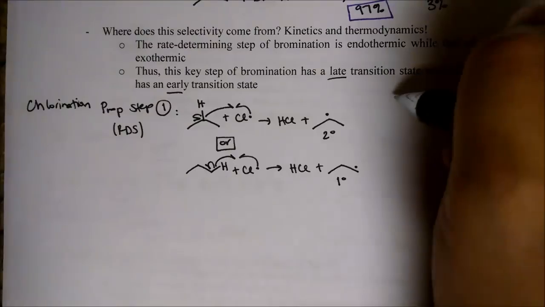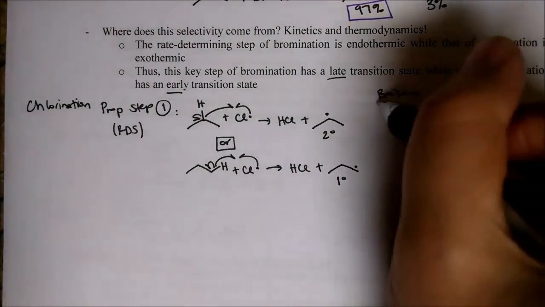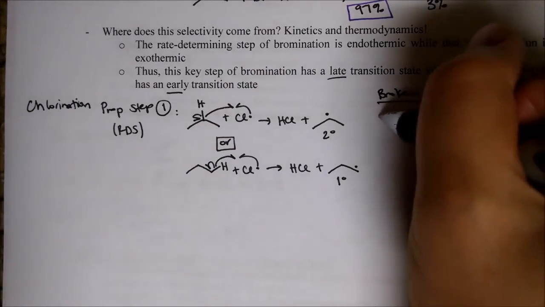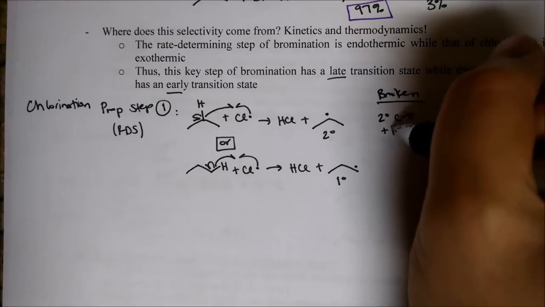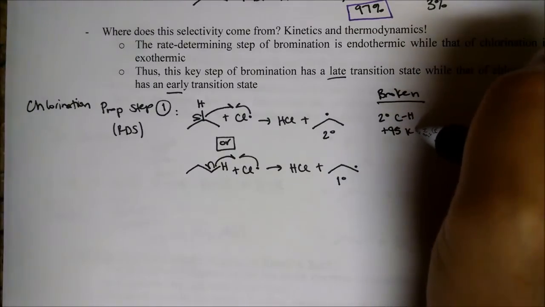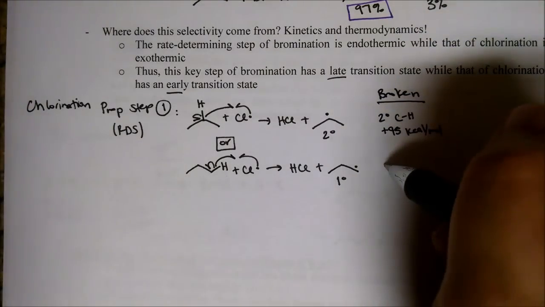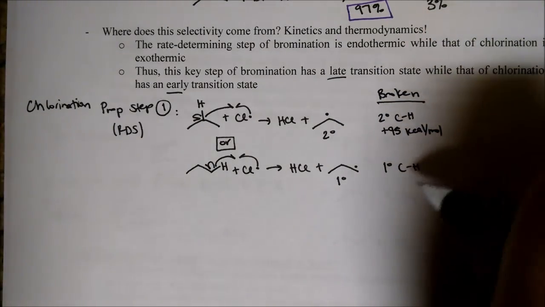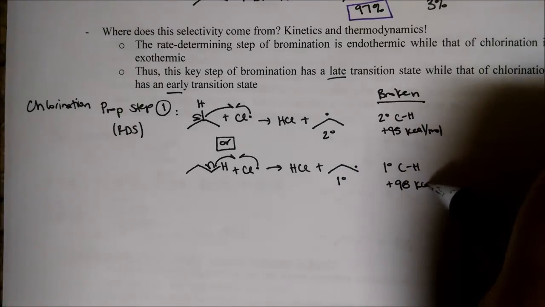In each of these cases, which bonds were broken? In this one, it was a secondary CH, and that is plus 95 kcal per mole BDE. And in this one, it was a primary CH, and that was plus 98 kcal per mole.